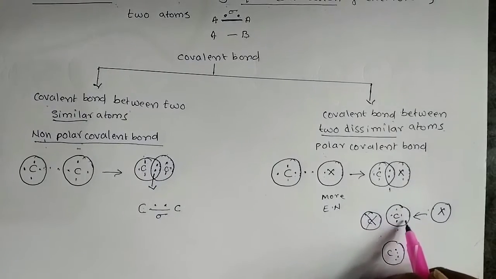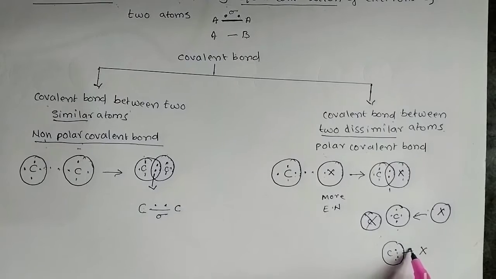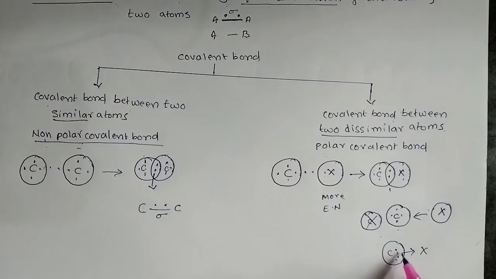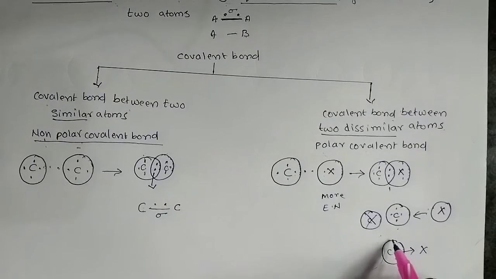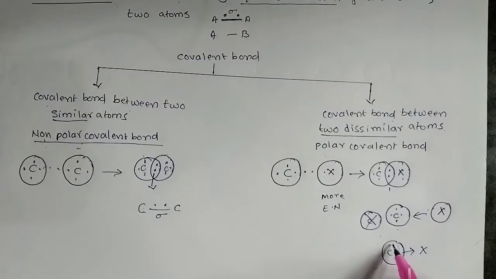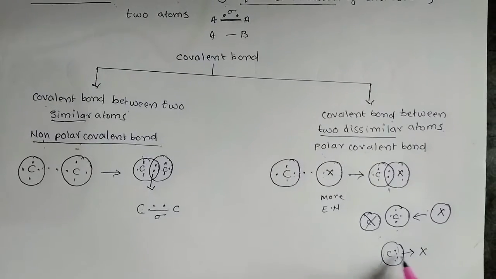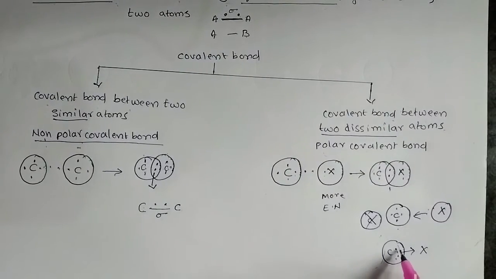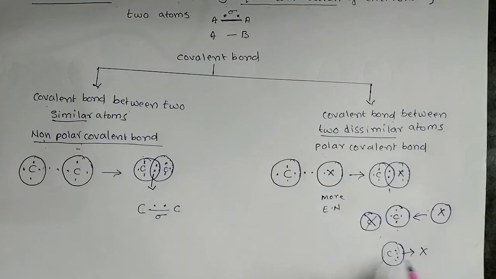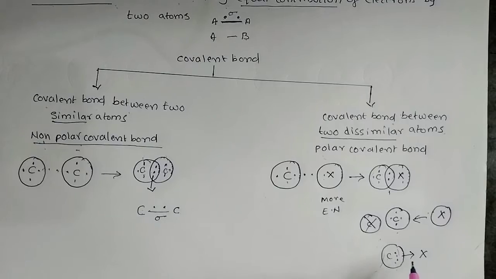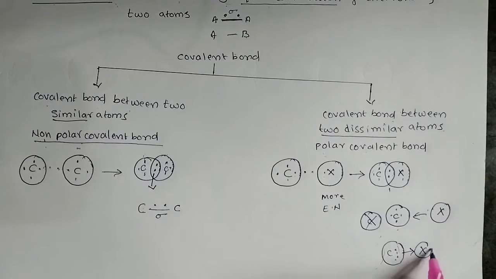The positions are towards the more electronegative element, meaning one side has more charge whereas the other side has less, because only on one side they occupy a larger amount of electrons. Even though the attraction is more, these electrons present in their valence shell will not cross the valence shell; they are present inside the valence shell only, but they are facing towards the more electronegative element.